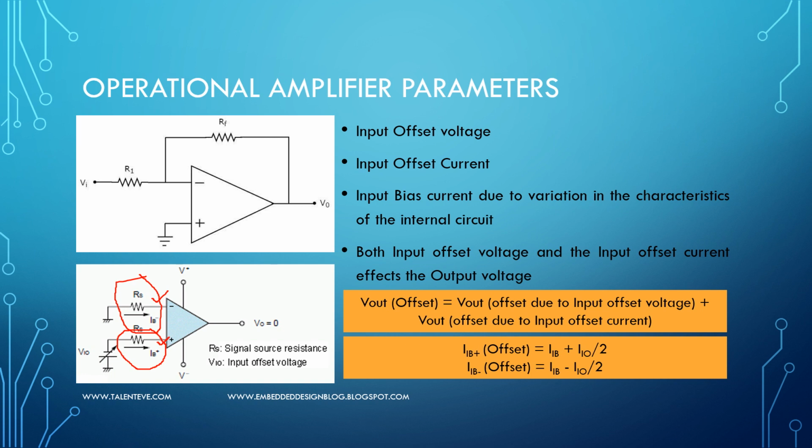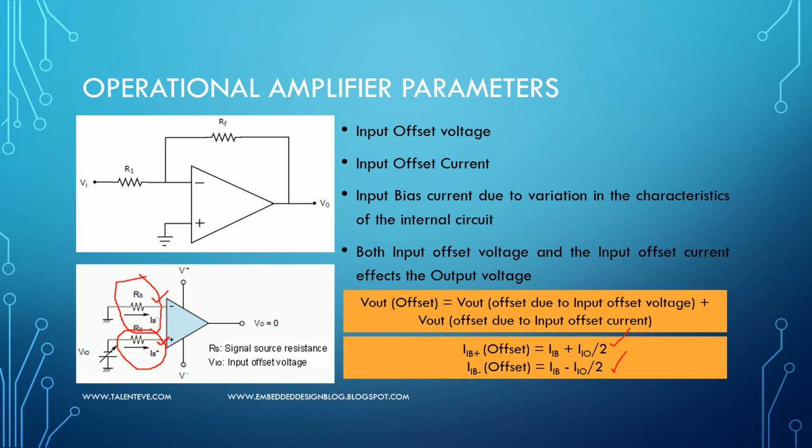This input bias current parameter is nothing but the average of the bias currents flowing into the inverting and non-inverting terminal. That means the bias current is given by (IB plus + IB minus)/2. So if you want to individually calculate the offset currents from those, you need to use this formula.